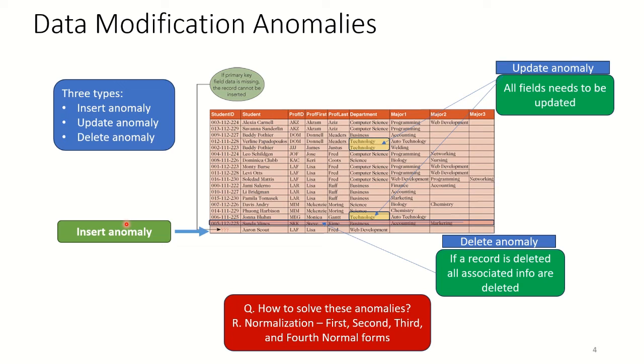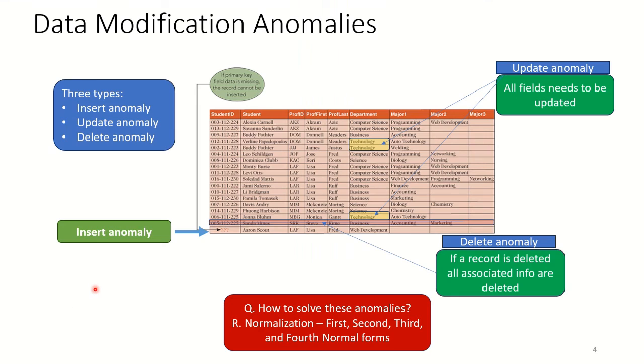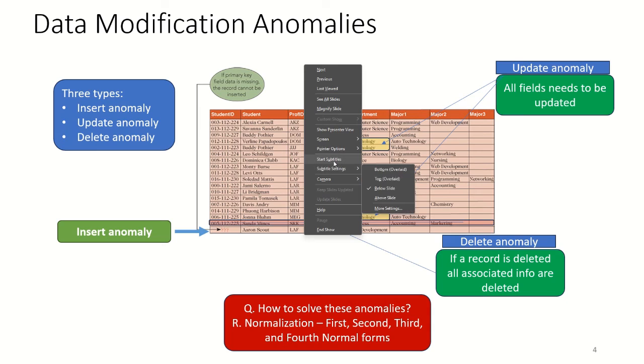In the next video, we are going to discuss in more detail how we approach normalization. When we talk about normalization, in general there are four types: first, second, third, and fourth normal forms. We are going to discuss what those forms are in particular.